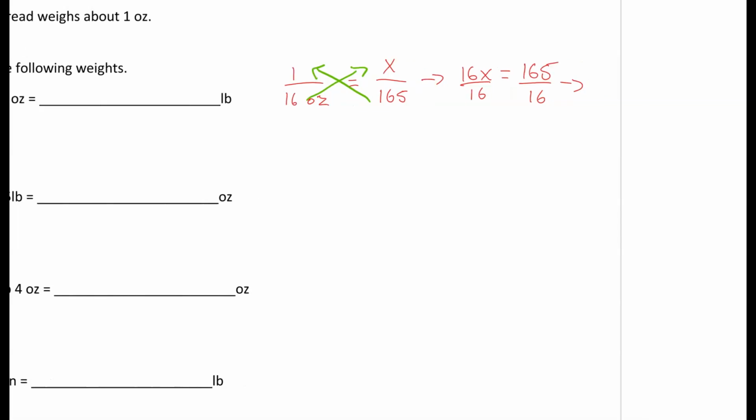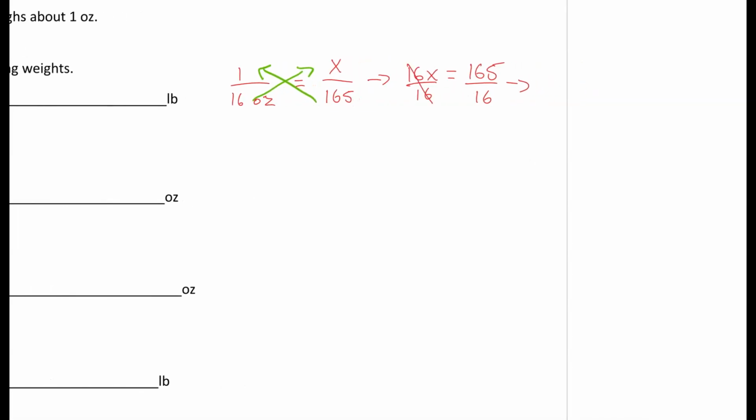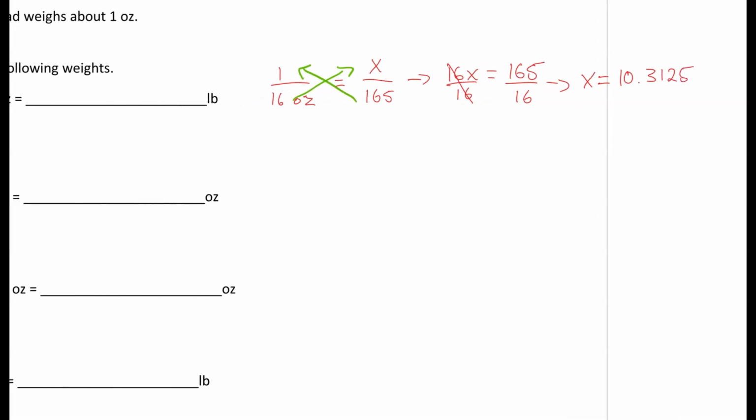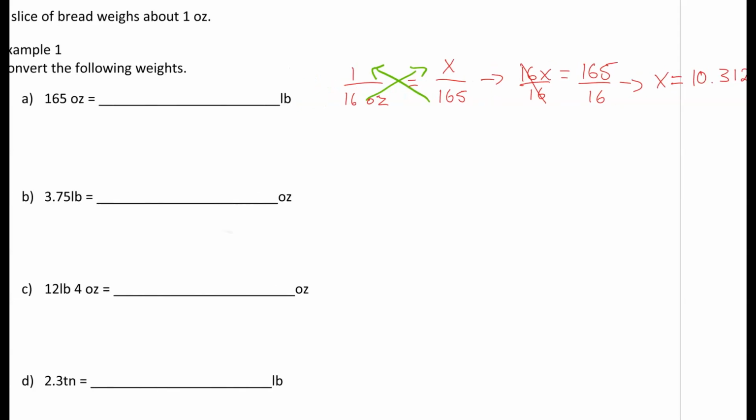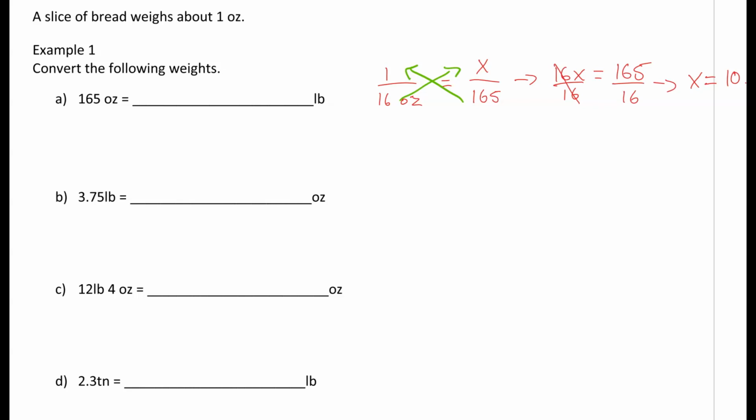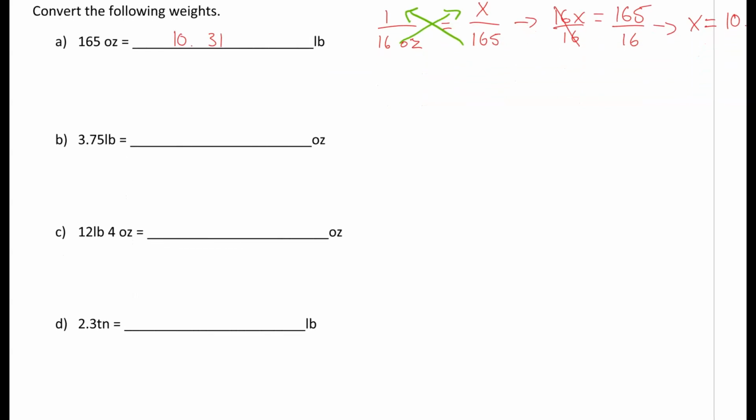This cancels off here, and x equals 165 divided by 16, which gives me 10.3125. Now, when we're writing this out, I'm only going to ask you to go to 2 decimal places. So your answer that you'd write down would be 10.31, and we have the pounds already written down for you.